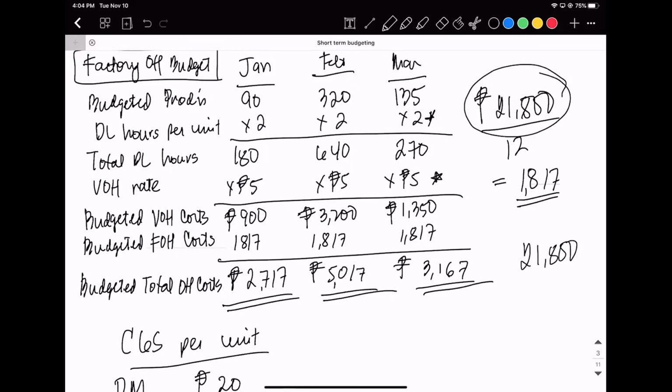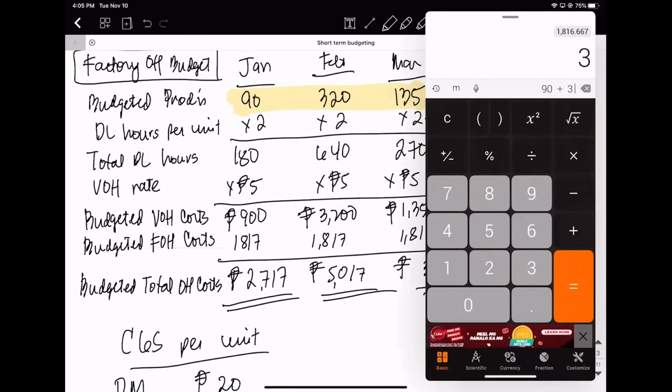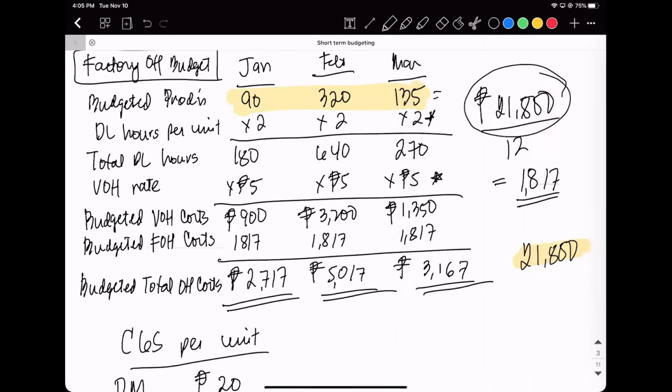Pwede mong i-times 4 yung quarter total, or i-divide mo ang 21,800 by 4. Kunin natin yung total nito: 90 plus 320 plus 135, so 545 for the quarter.